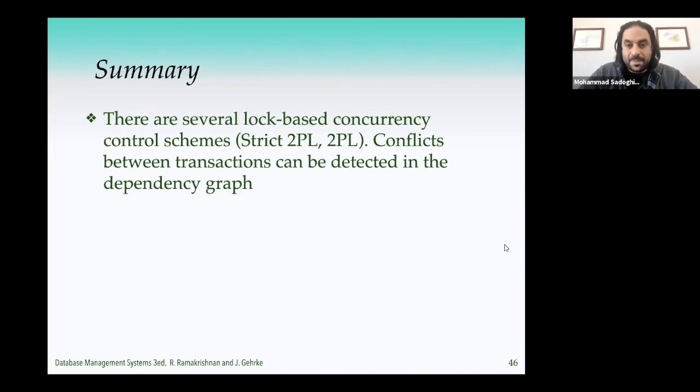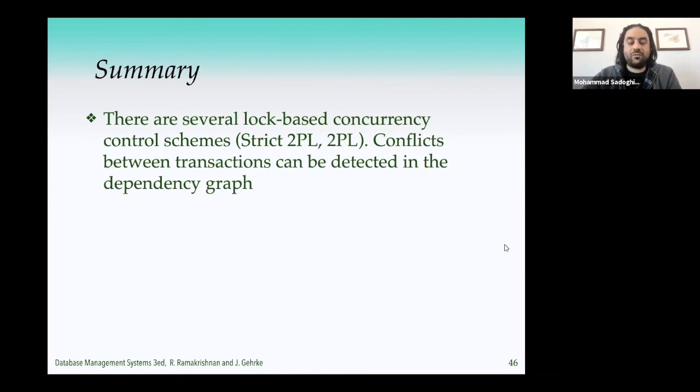Especially with locking, or anytime that you wait, there's a possibility of deadlock. So we talked about detection, where you draw this dependency graph, and if there's a cycle in the dependency graph, then there's a potential deadlock, and then you need to decide which transaction to abort in order to break the cycle. Or you could have a preventive measure, and a simple one is no-wait 2PL.